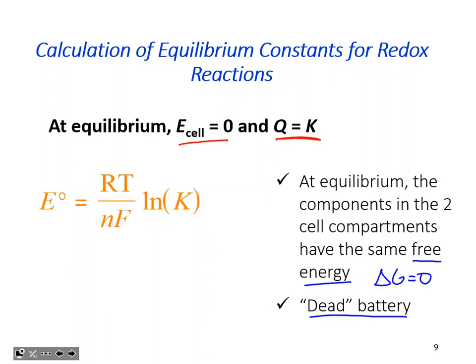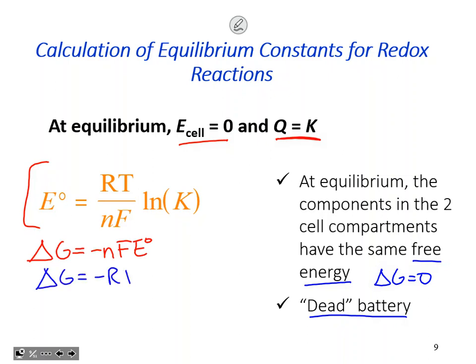Now this one is not on the formula sheet, but I'm going to show you how you can easily get it if you need it. You have your delta G equals negative nFE, that one, and we also have delta G equals negative RT ln K. Now because these both have delta G in them, you can set them equal to each other and derive this equation right here.